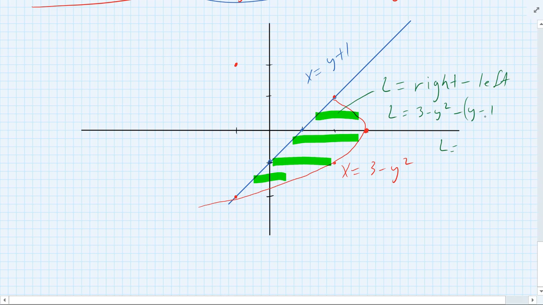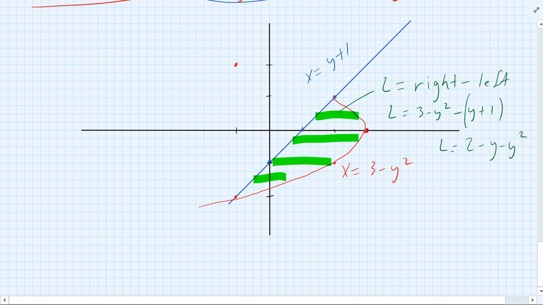I'll do parentheses, okay? And so it becomes 3 minus 1 is 2. So it becomes 2 minus y squared, right?